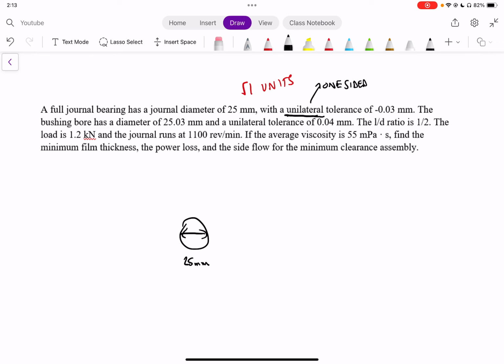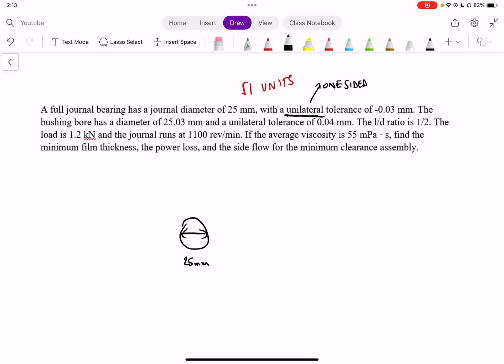The reason is that if you look at the space between the journal and the bushing, it's a lot smaller than we actually think. We always draw it over-exaggerated just to make sure that we have the gap.